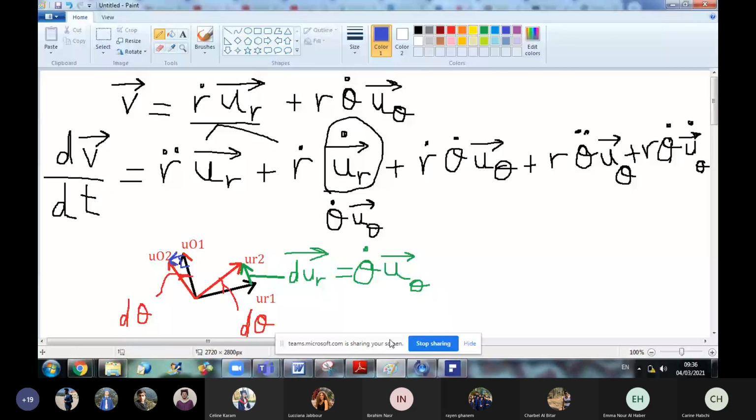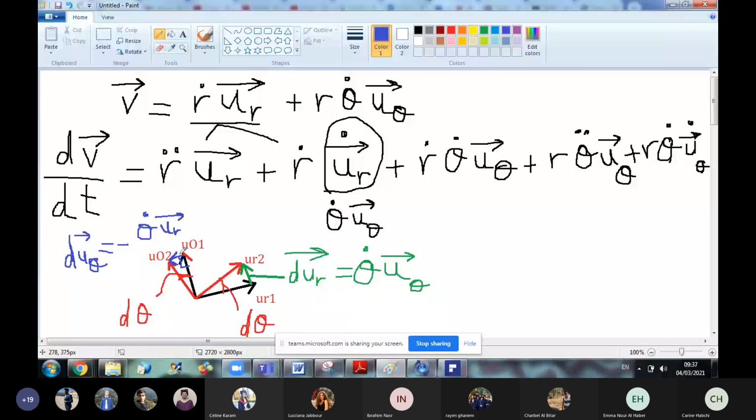Okay, minus theta dot UR. Now I can replace vector du theta in my expression. So let me write it here: du theta is equal to minus theta dot times UR. Okay, so this is the same derivation, but the difference is that they are opposite in sense.